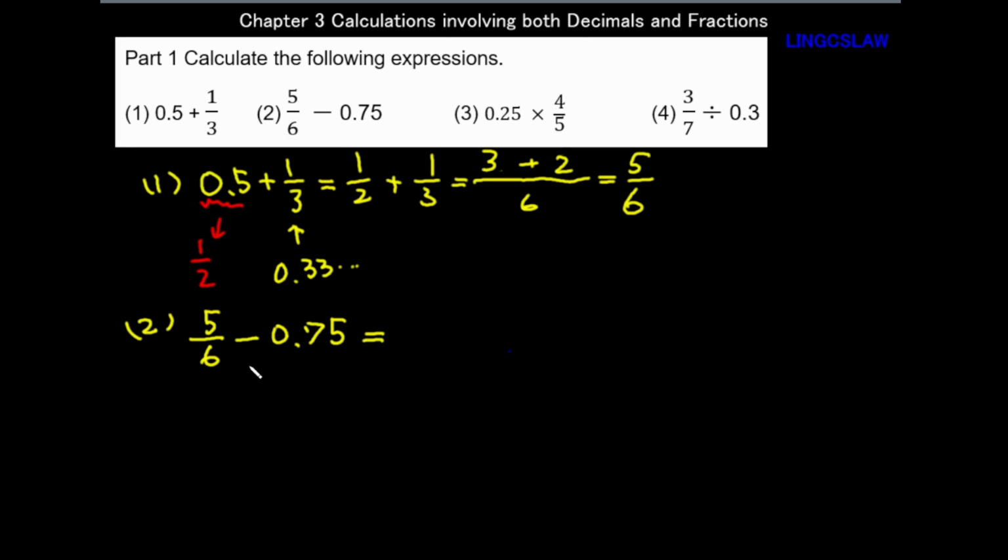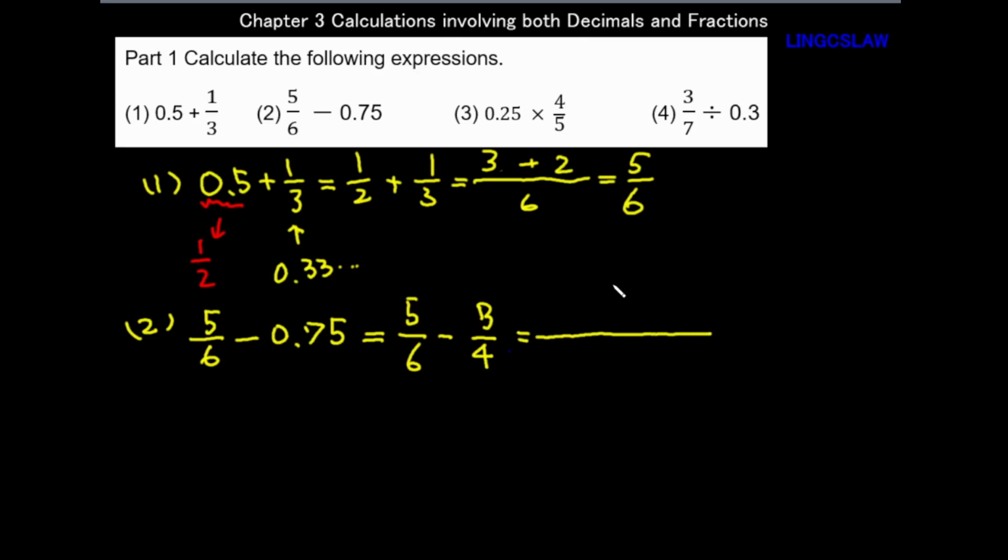Again, you can change this one to decimals, but this will be again an infinite repeating decimal, so it's better to change the decimals to fractions. 0.75 is 3/4.